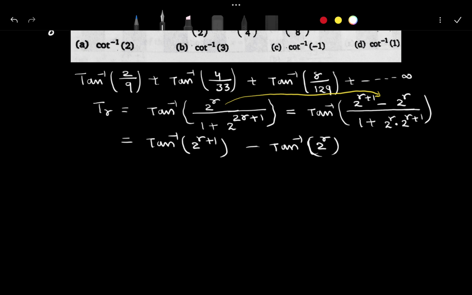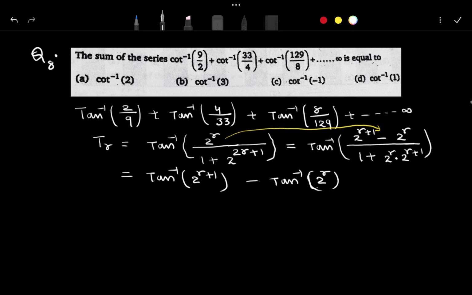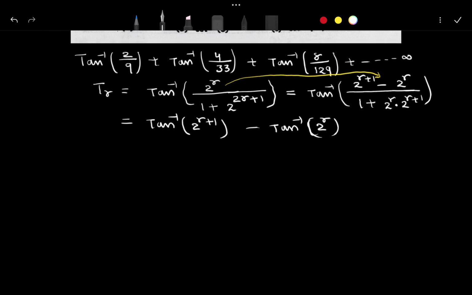After this, the question is the sum of infinite terms. So first you find the sum of n terms. Sum of the n terms means sigma r equals 1 to n of tr. Now put r equals 1, that is the first term. What is the first term? Tan inverse of 2 square minus tan inverse of 2.